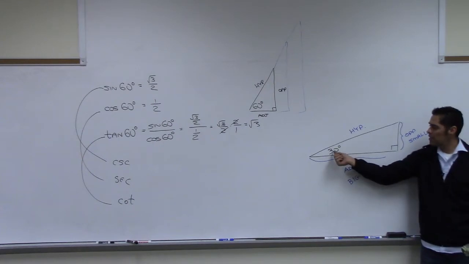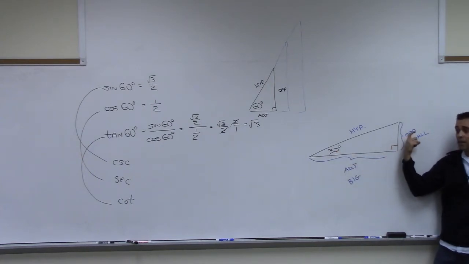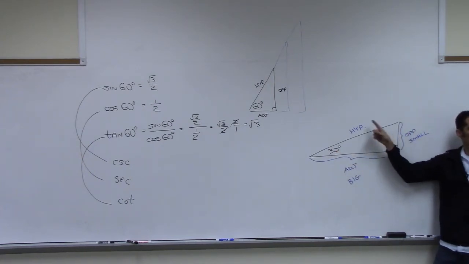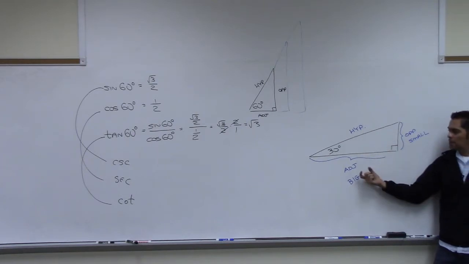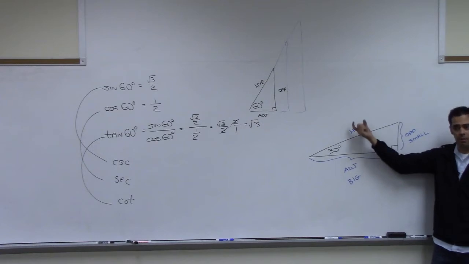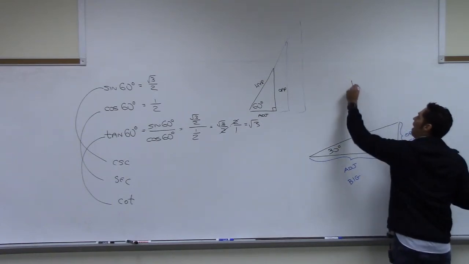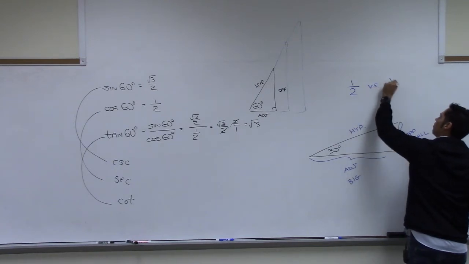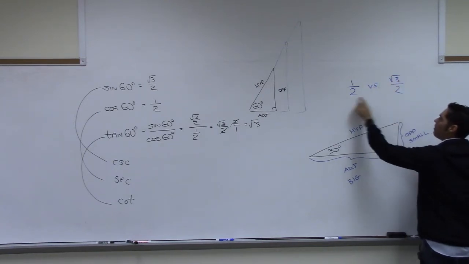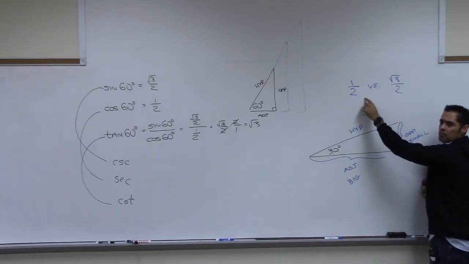So when you're at 30 degrees, your sine should be a smaller number over something, as opposed to the cosine, which should be a bigger number over something, right? So when you compare these two, 1/2 versus root 3 over 2, they both have the same denominator, don't they? Yes?